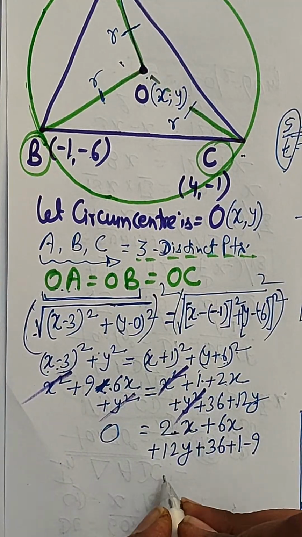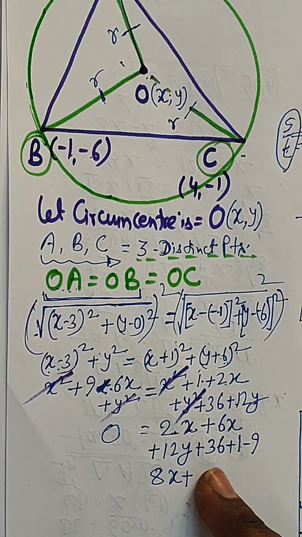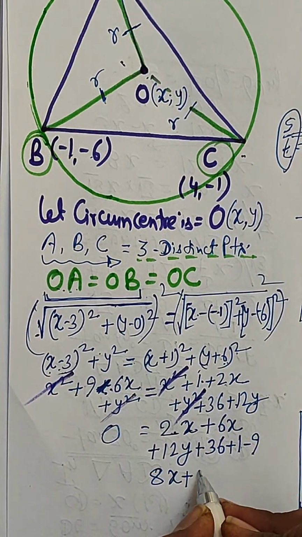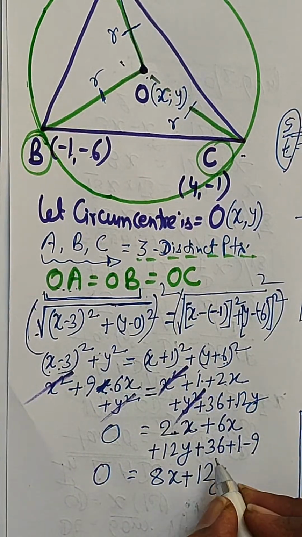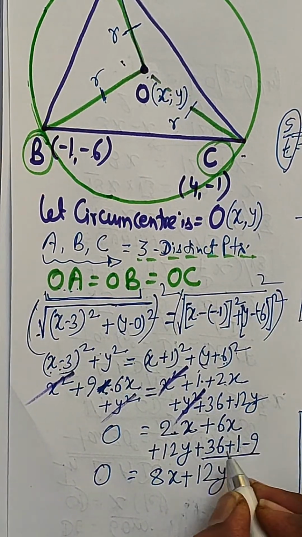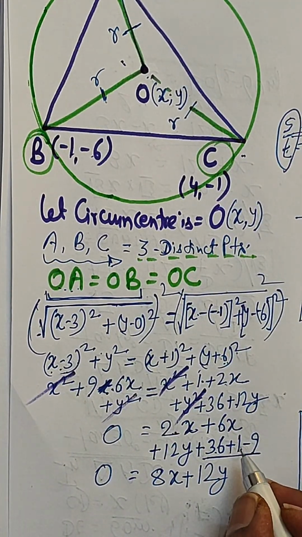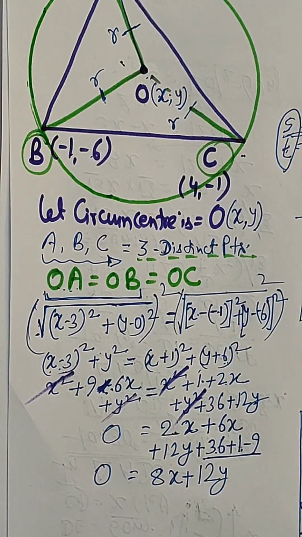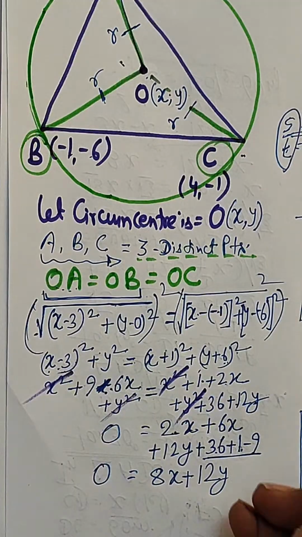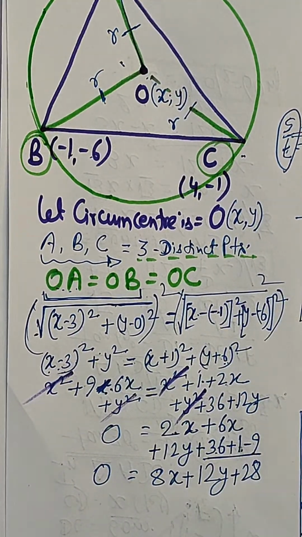So this will be giving you 8x plus this 12y, this is equal to 0. 12y plus, just add the constants, 36 plus 1, 37, 37 minus 9, what is that? That will be coming at 28. That is coming as 28, right?